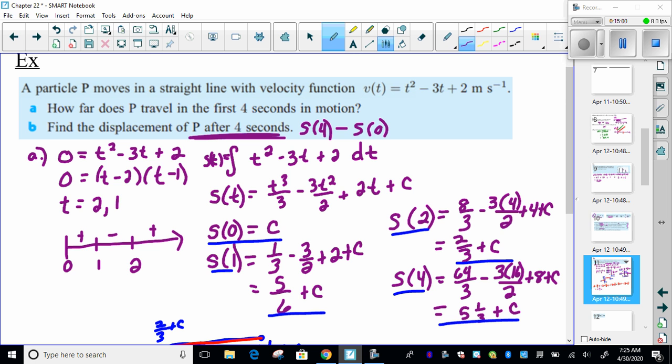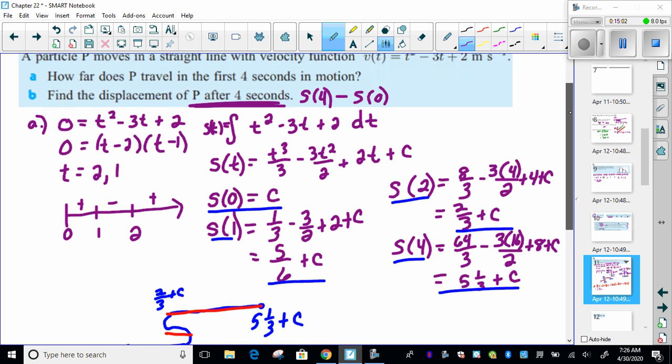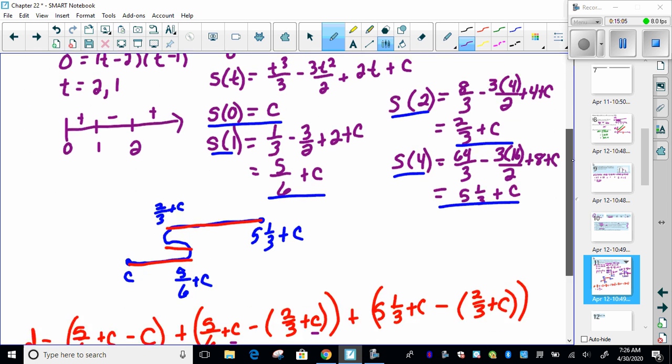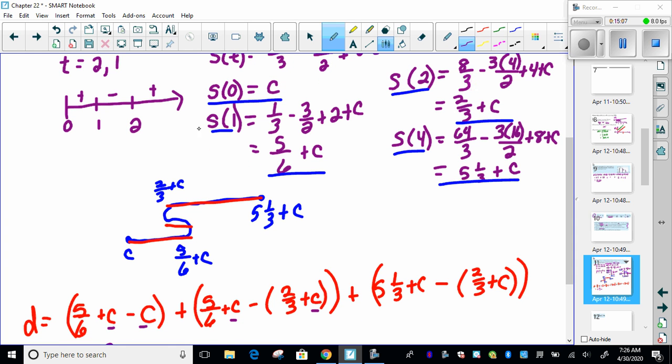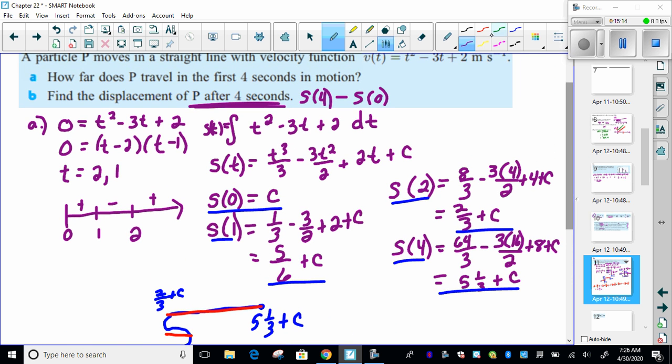So I had to go back and use either integration or I found these already. I found S of 0 after I'd integrated. I found S of 4. So when I put that in there, I'm just going to go back up here. So S of 4 is 5 and 1/3 plus C minus S of 0, which is C, which means my displacement, the distance between my start and end, is 5 and 1/3 units.